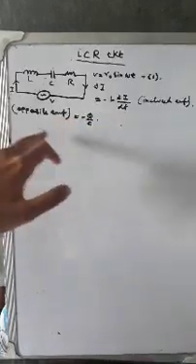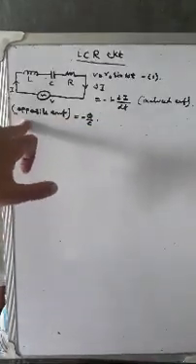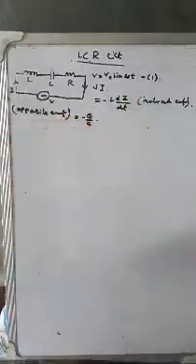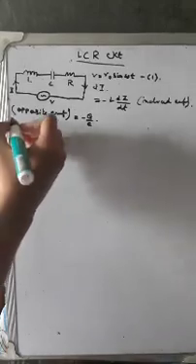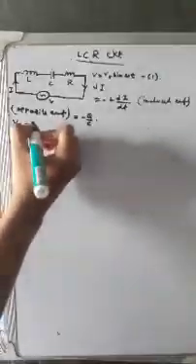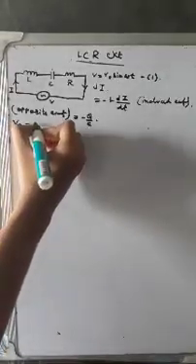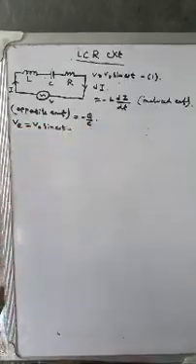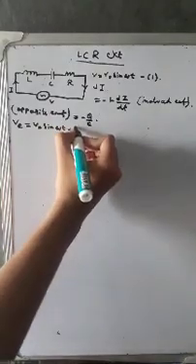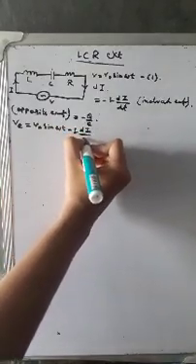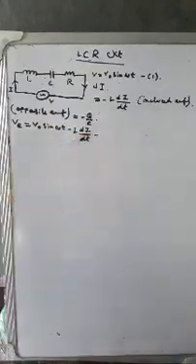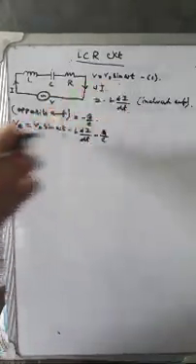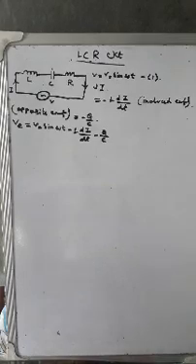So what will be the net voltage applied in the circuit, after reduction of these two EMFs? I write it as VE, which is equal to V naught sine omega t minus L di by dt minus Q by C. That is the summation of all these voltages, your net effective drop.